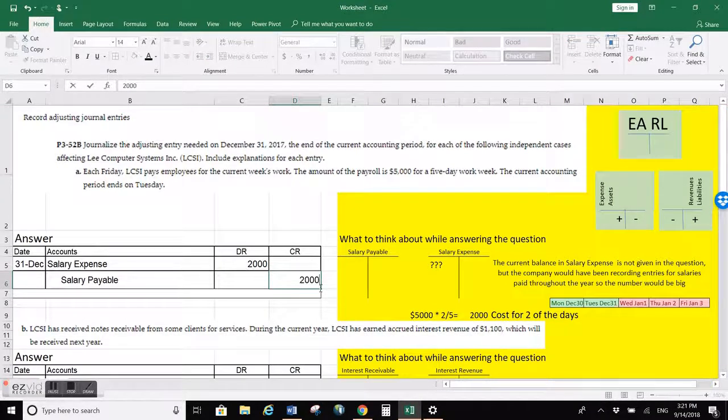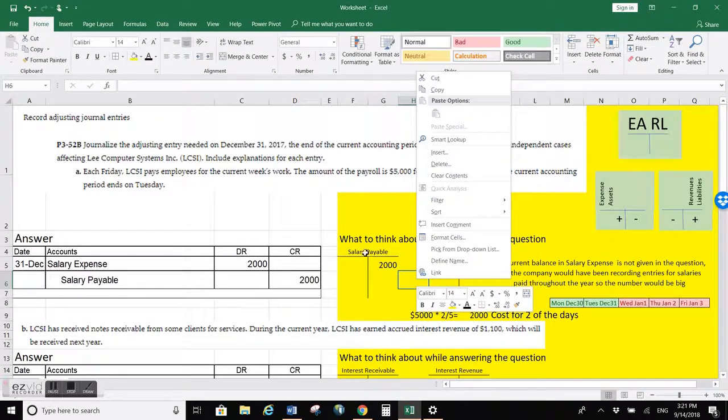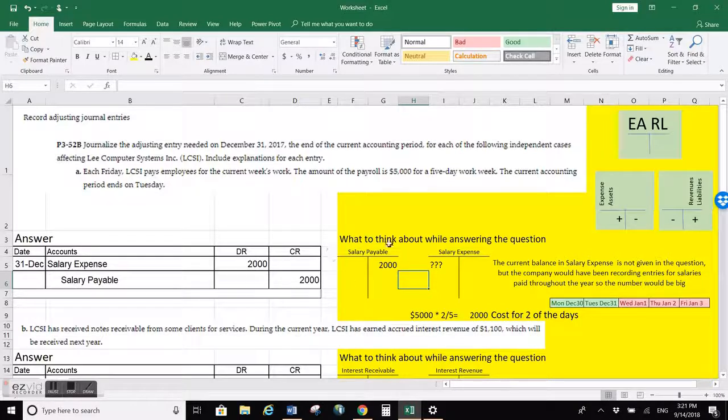Once we do that, we'll report that we owe our employees $2,000 as of the end of the year, and our salaries expense has increased another $2,000 because of those 2 days. Our debits equal our credits, things are happy.